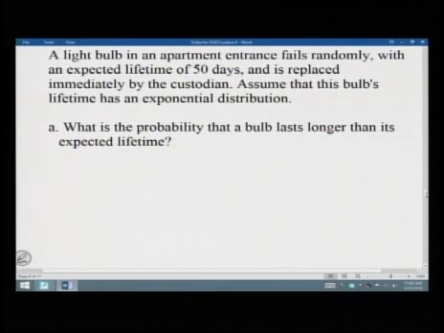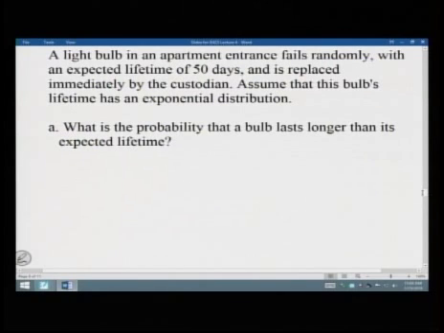So that's our assumption: once it has failed, the light bulb is replaced right away. We also assume that the light bulb lifetime has an exponential distribution. Then our first question is, what is the probability that a bulb lasts longer than its expected lifetime?